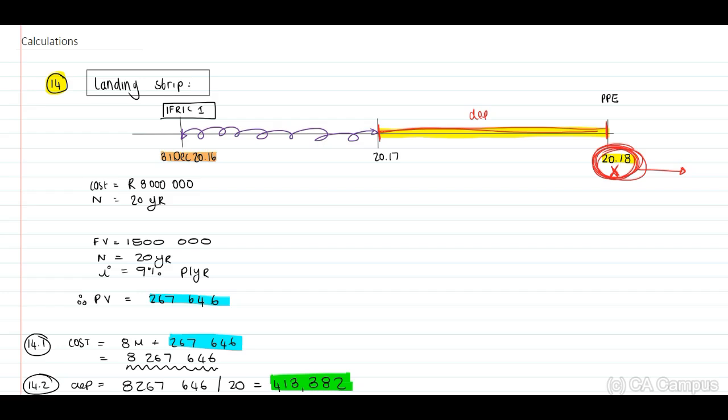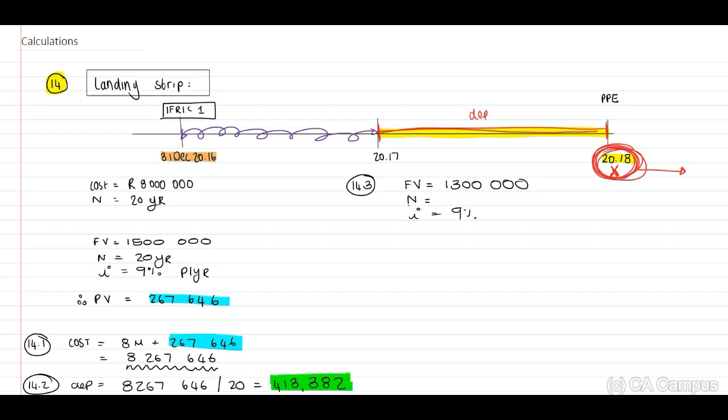I'm going to reference this calculation 14.3. My future value will be an amount of 1.3 million. My rate will be the 9% provided. Sorry guys, not period. My period will be 18. I will discuss this just now. My rate will be 9%.